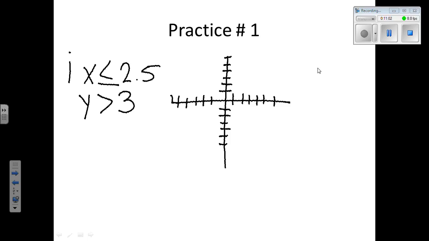So I'm going to graph the x is greater than or equal to 2.5. Okay, next I'm going to graph the y is greater than 3.